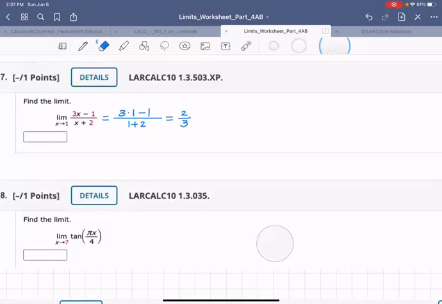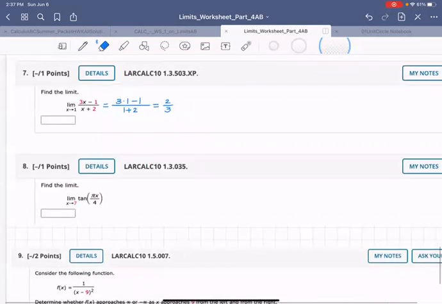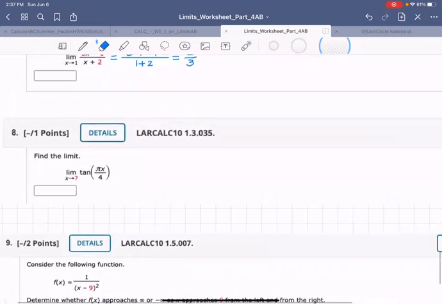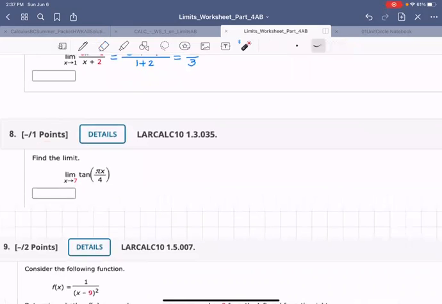Now, number 8. Everybody work on number 8. Don't overthink.